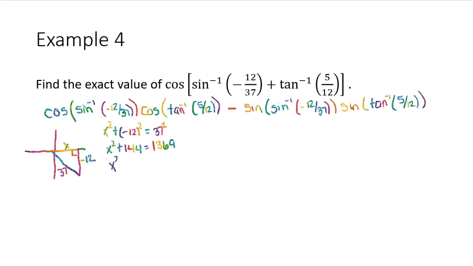We'll subtract that 144 to the other side, and that gives me 1,225. Now let's square root both sides. And that leaves me with 35. It has a nice square root.